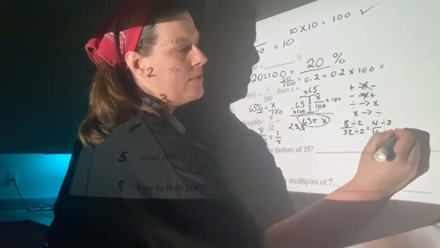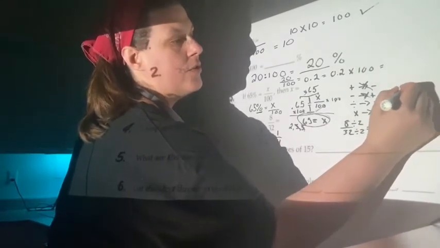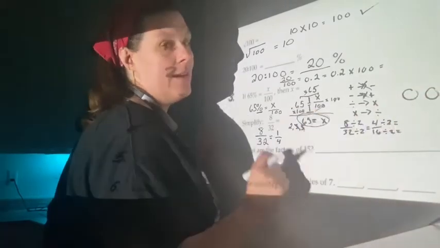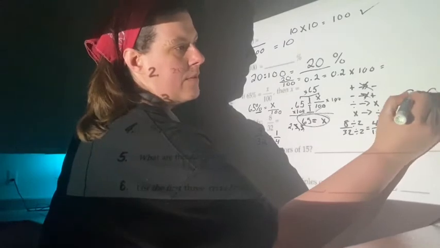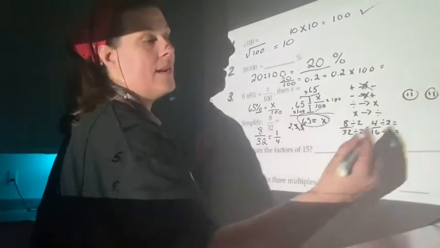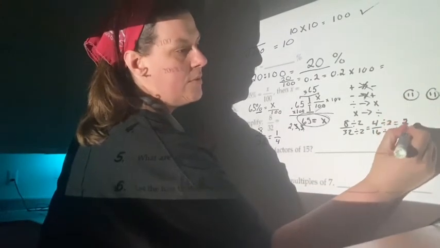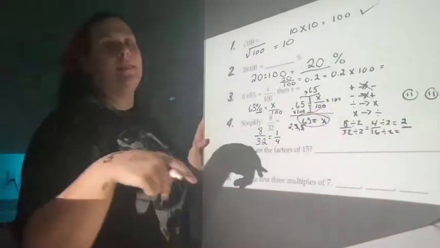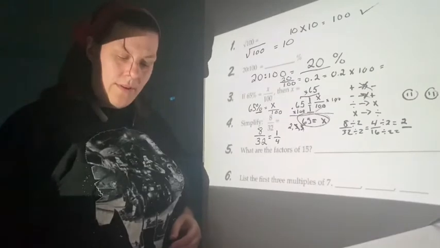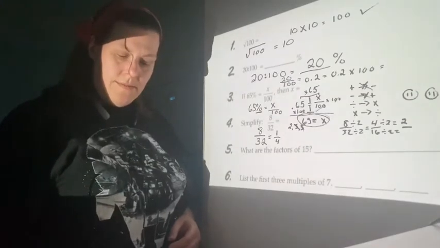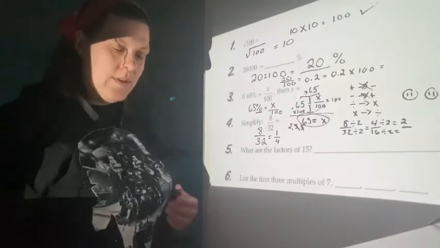4 divided by 2: if we've got 2 groups and we're dividing the 4 into 2 groups, you go 1, 2, 3, 4. So now you're down to 2. Then I'm doing 16 divided by 2, because I'm absolutely not going to play with that many dots. 16 divided by 2 equals 8.